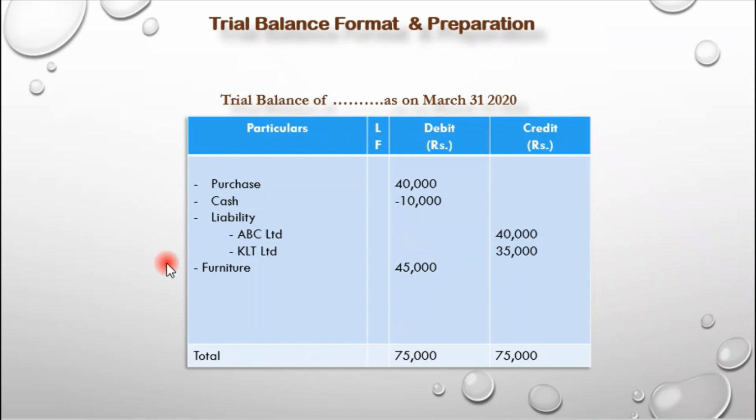Because all assets, expenses and receivables accounts should have a debit balance, and all liability, revenue and payable accounts should have a credit balance. So as per this norm, I have to put 10,000 here, because you always have to put this asset amount on the debit side.